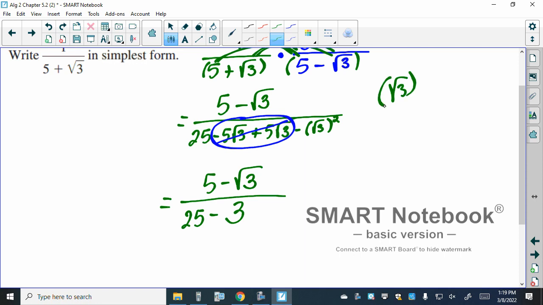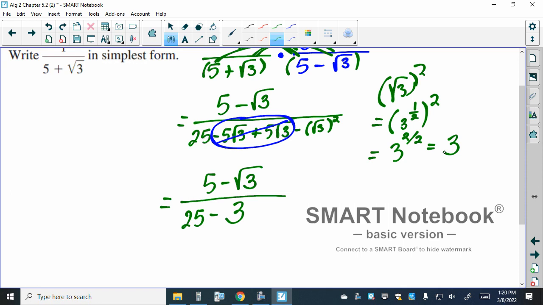Square root of 3 squared. Well, I could rewrite the square root and say that we have 3 to the 1/2 squared. Powers to powers multiply, which just tells us we have 3 to the 2/2, which is just 3 to the 1st. So that's why that simplifies out.